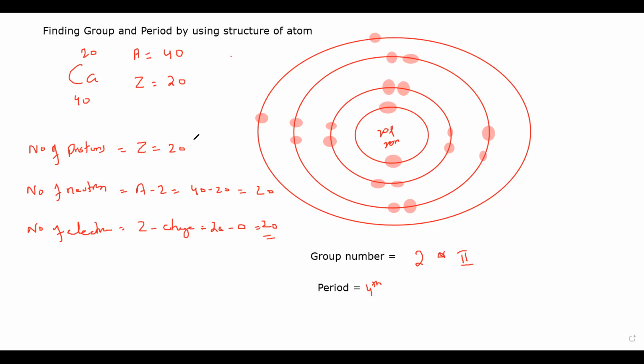And what is the electronic configuration of this calcium? It is 2, 8, 8 and 2.